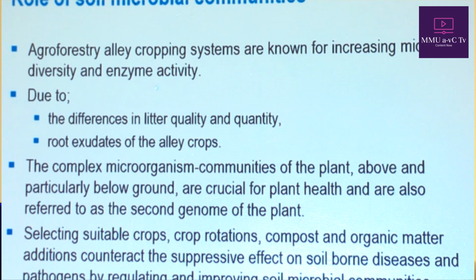For example, agroforestry alley cropping systems are known for increasing microbial diversity and enzyme activity, particularly due to differences in litter quality and root exudates. The complex microorganism communities of the plant above and particularly below ground are crucial for plant health and are also referred to as the second genome of the plant.